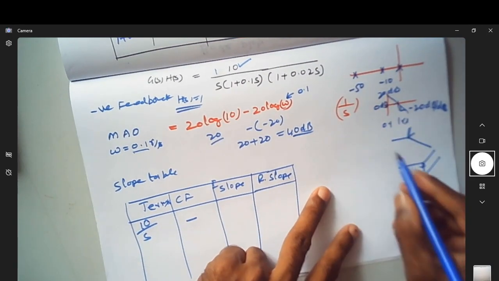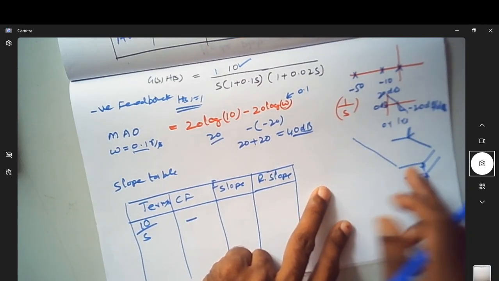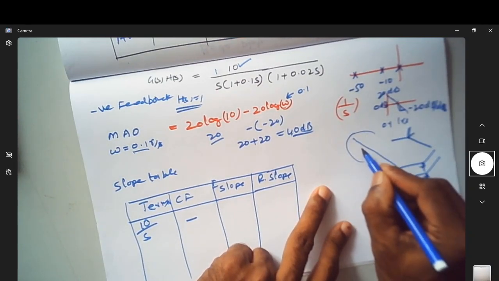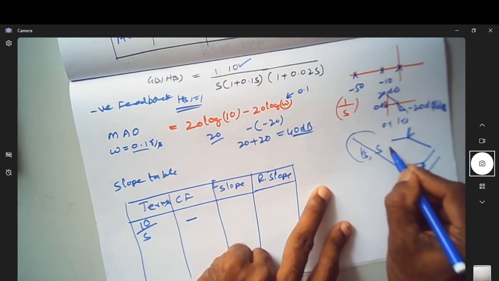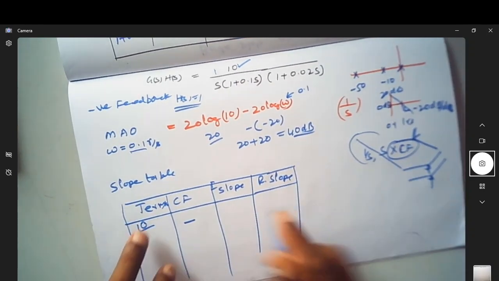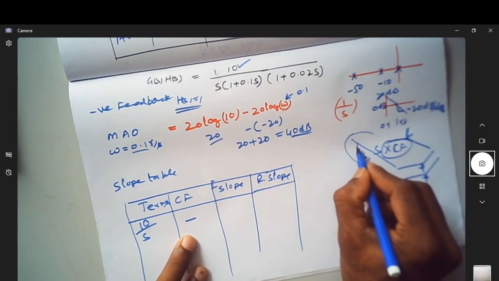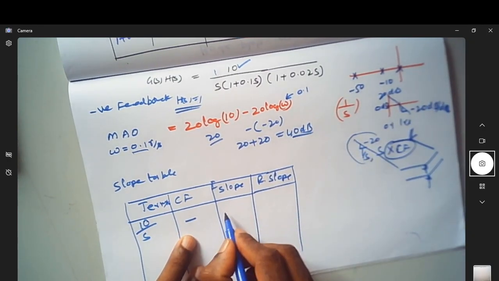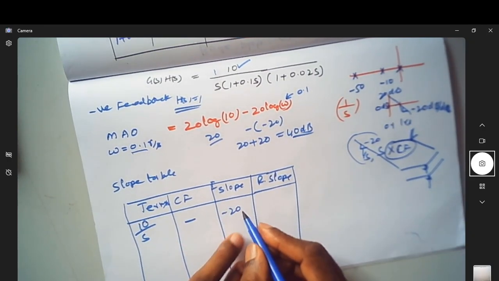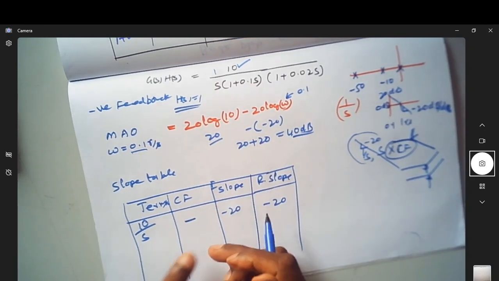But for this, it is going from the initial value itself with a slope. So these types of terms, which are 1 over s or s, will not have any cutoff frequency. So cutoff frequency is not applicable, but they have a slope of minus 20 dB per decade. The resultant is also minus 20, because you don't have any slope before this.